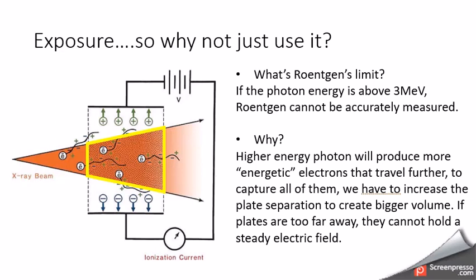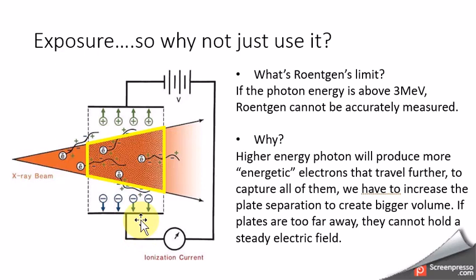So there's a point where exposure breaks down. For example, imagine if you have a more energetic beam, you produce a lot more ionization in here. So in order to fully account for the CPE, aka what's in equals what's out, you have to increase the separation of your two electric plates, meaning you have to increase your measuring volume.